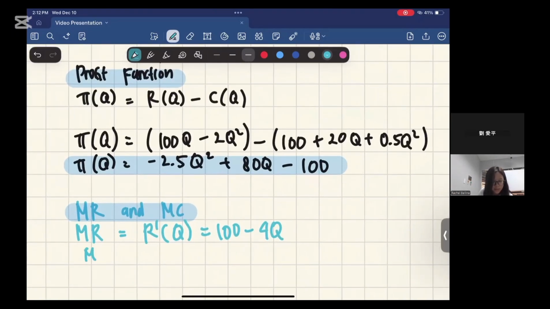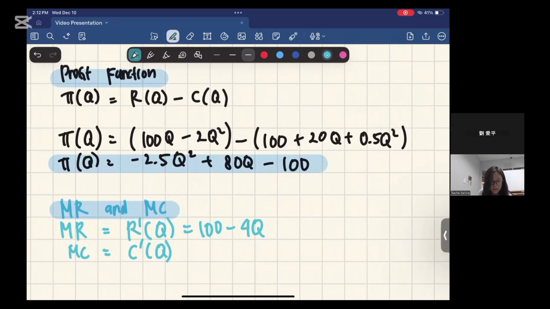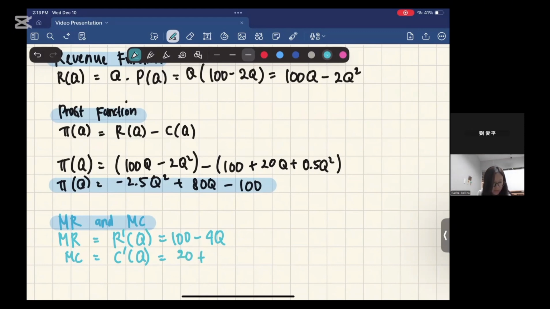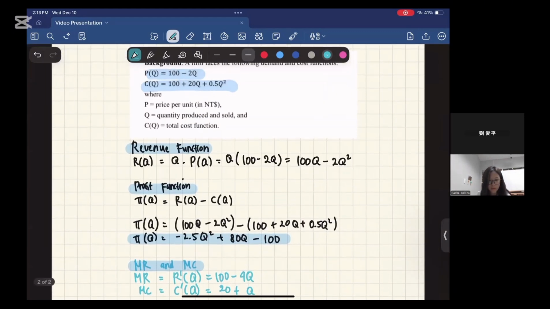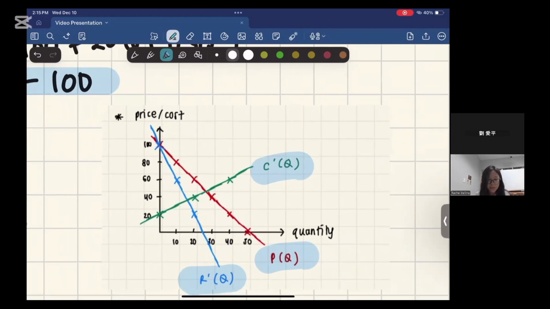And for the MC, the marginal cost, it's the derivative of the cost function, so it's 20 plus Q. Here I also illustrate the graph, where the P curve is downward sloping, the marginal revenue lies below it and is steeper, and the marginal cost is upward sloping.